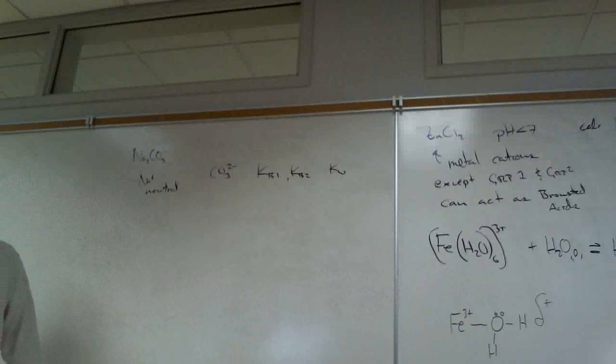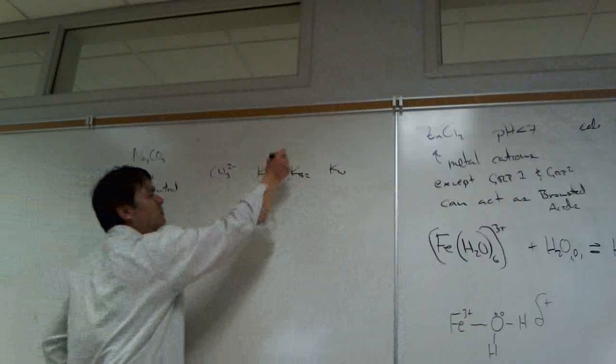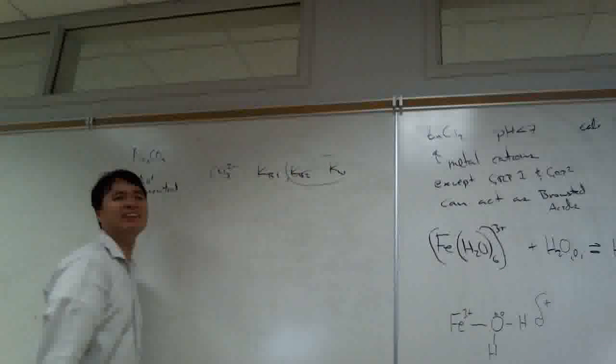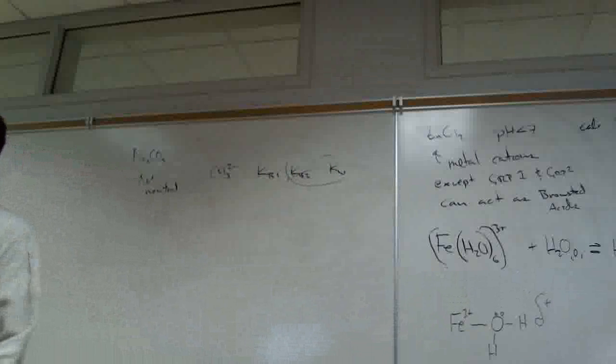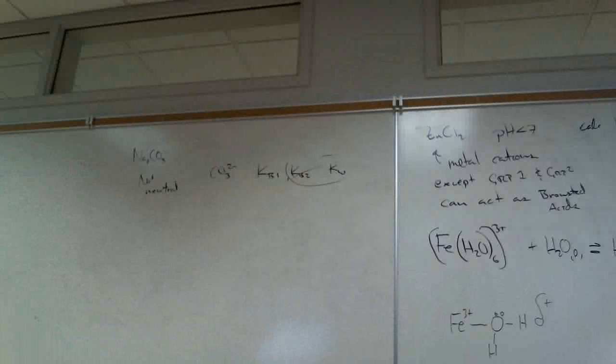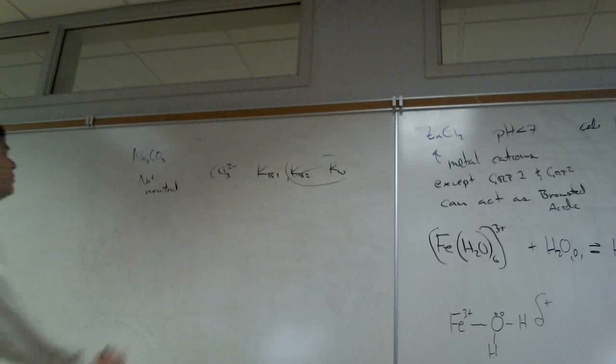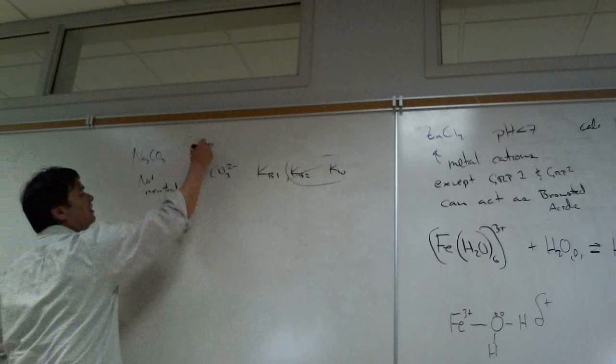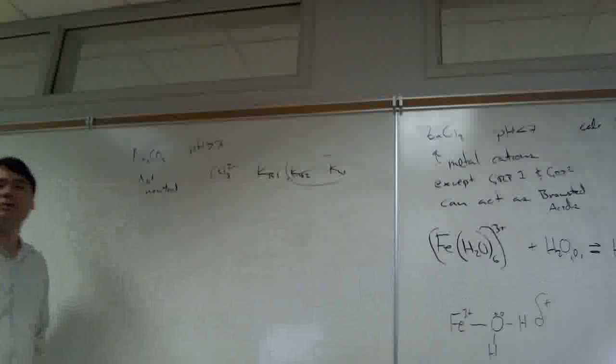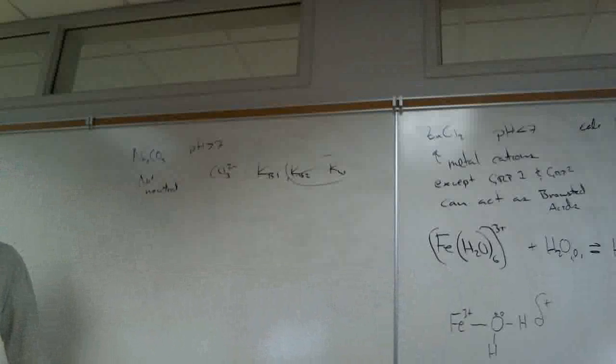Kb2 is not so huge, so probably we're okay with just using Kb1 to figure out the pH. Kb2 is not so big in magnitude. And so anyway, the pH should be greater than 7. Sodium carbonate is basic in water.